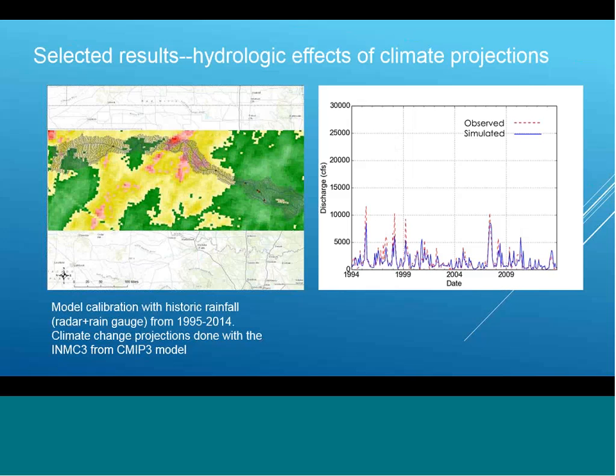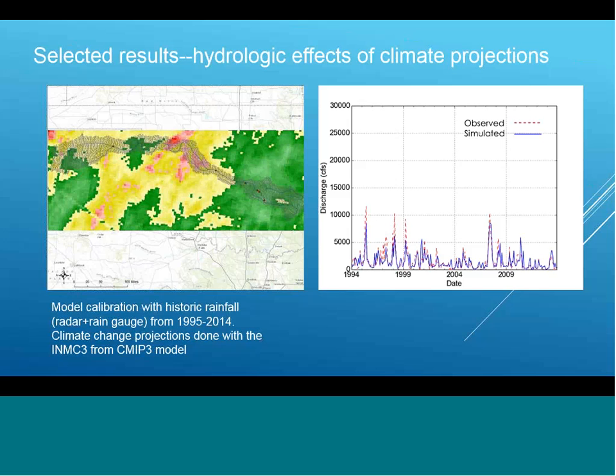And so we calibrated the model. You can see on the right the observed and simulated results, observed being the red dashed line. And you can see relatively good agreement between the peaks of the hydrographs and the low flow and so forth. And that was for about a 15-year period starting in 1994 going forward to 2014.